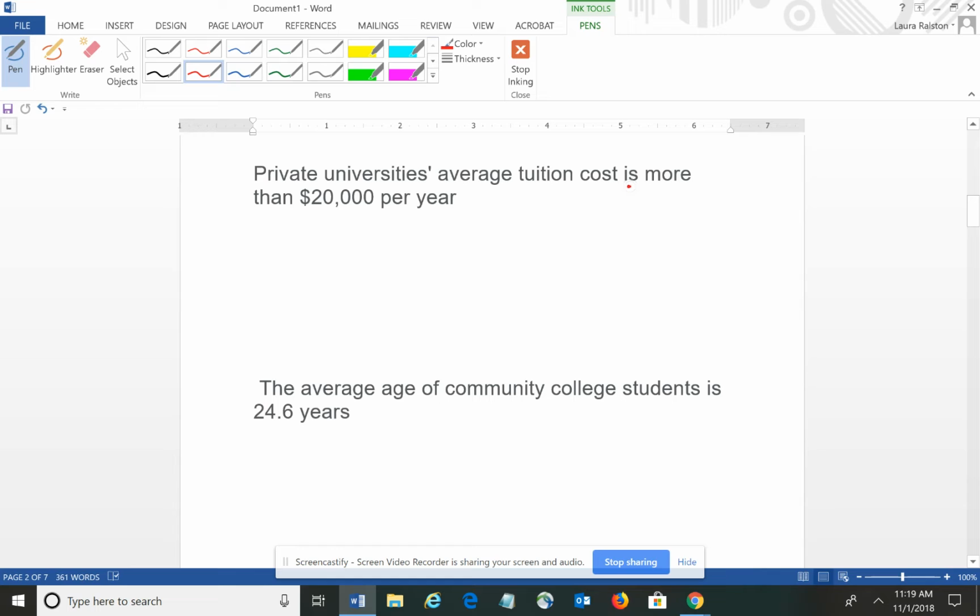It says "is more than," and I hope that phrase makes you think of the greater than mathematical symbol. As we think about stating the null hypothesis and the alternative hypothesis, the null is labeled H sub 0 and the alternative is H sub A.